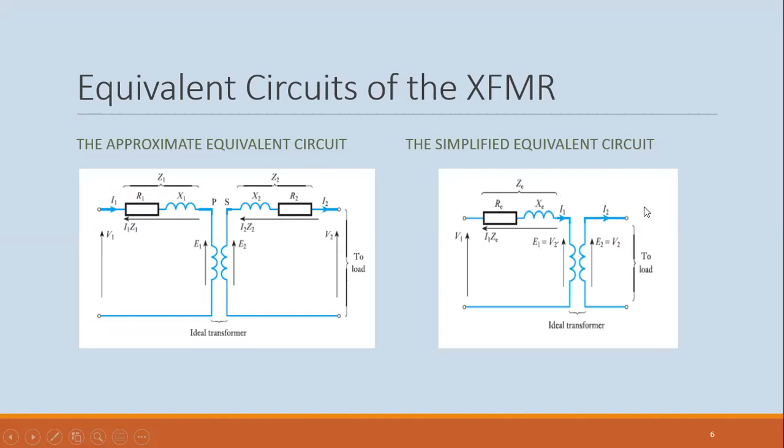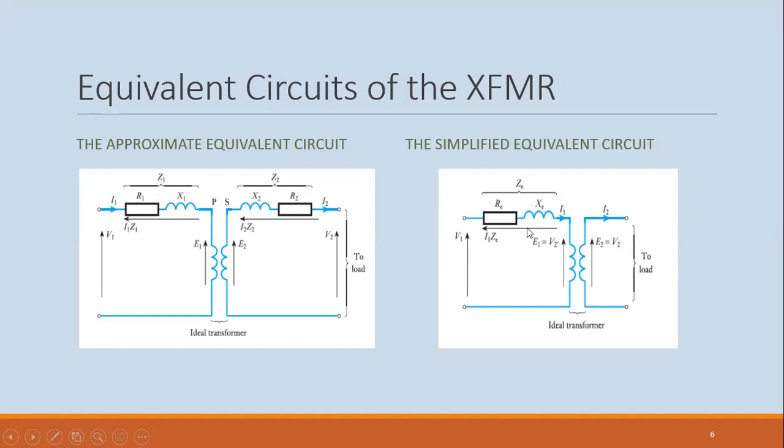All right. So no winding parameters on the secondary. Everything has been referred to the primary. And we will show you in a little while that these two circuits, although they look different, can be made equivalent.